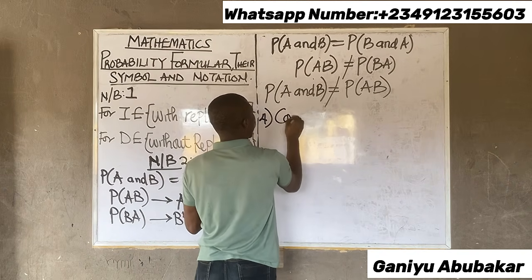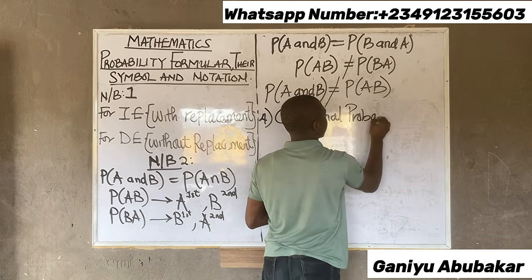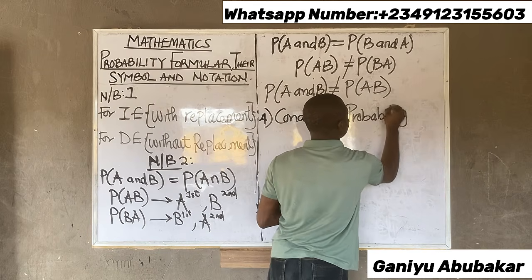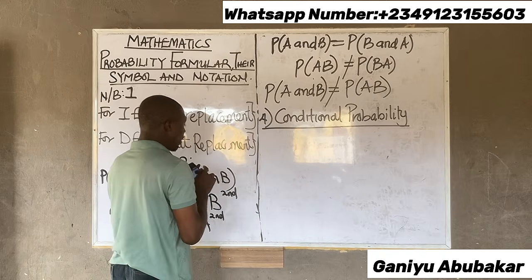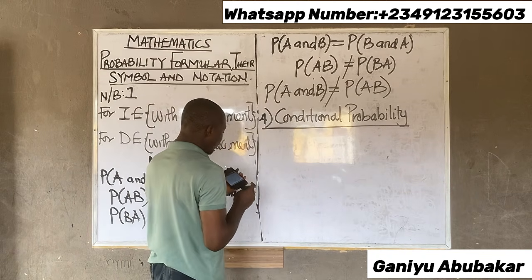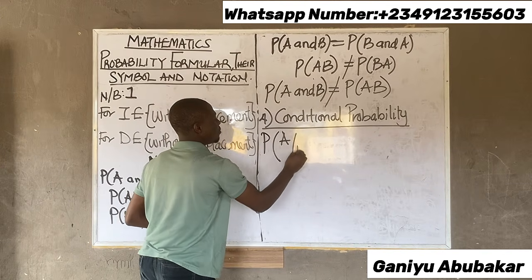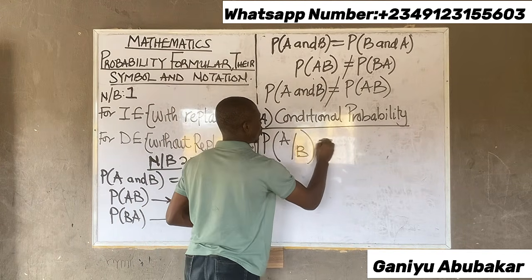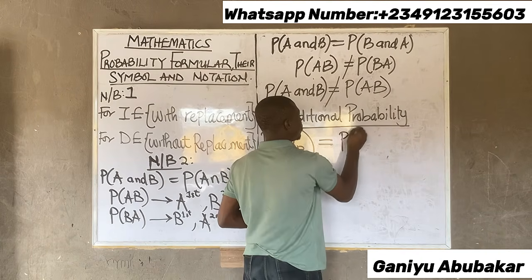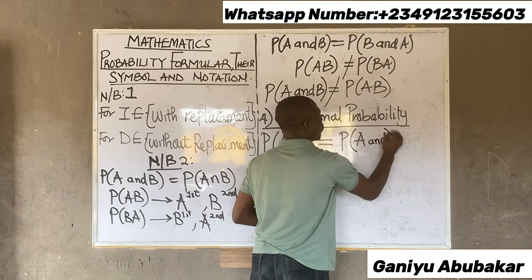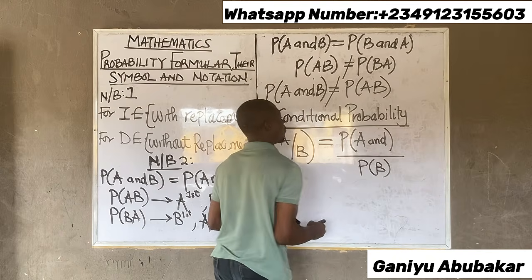Let's do conditional probability. Conditional probability has to do with the probability that event A will occur given that B has already occurred, and this is equal to the probability of A and B occurring, given that B has already occurred.